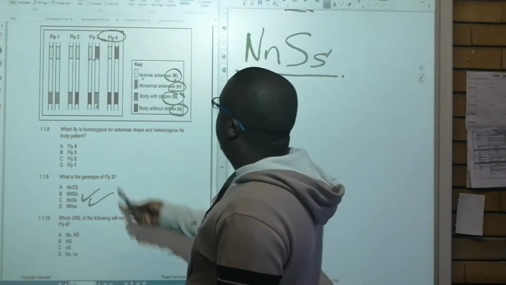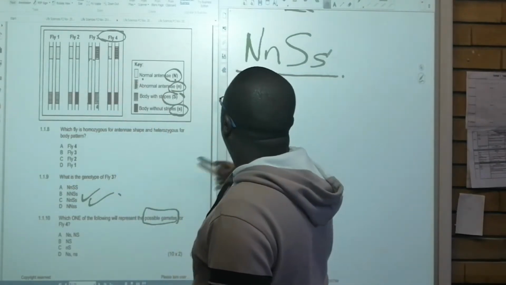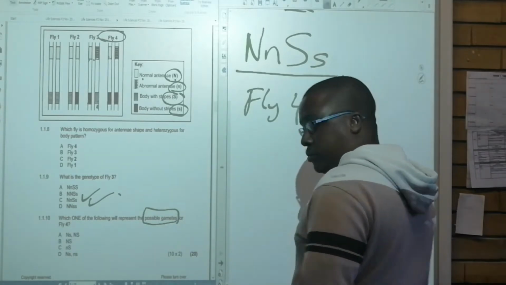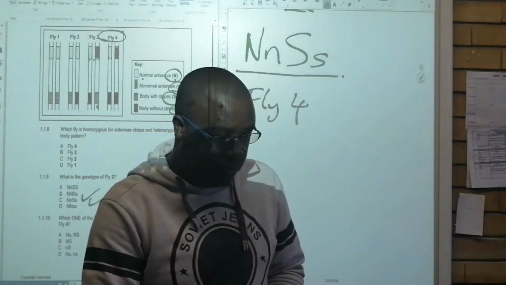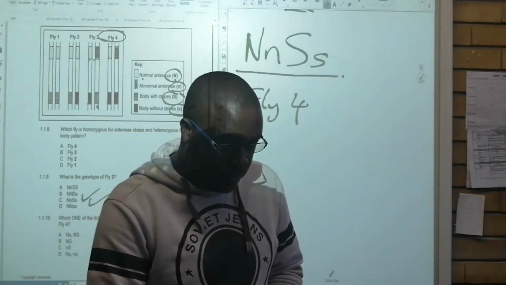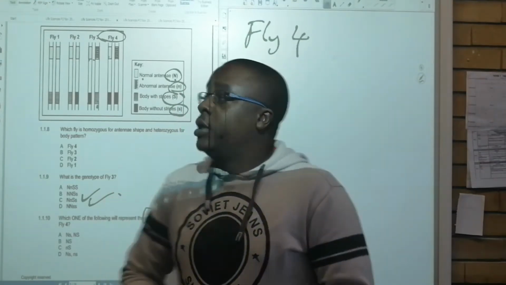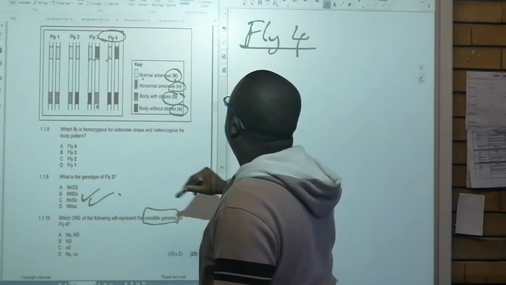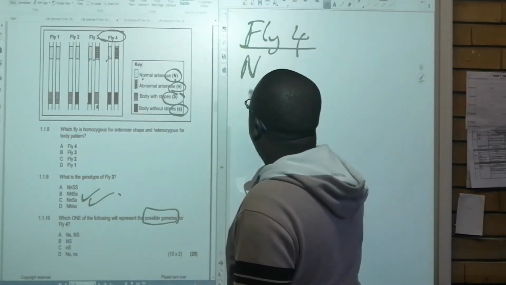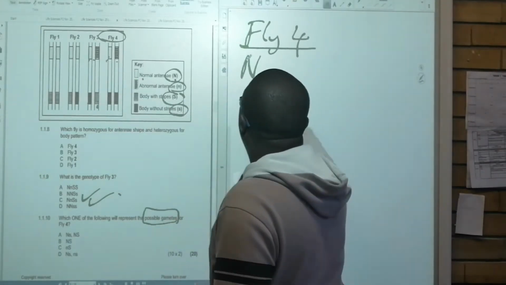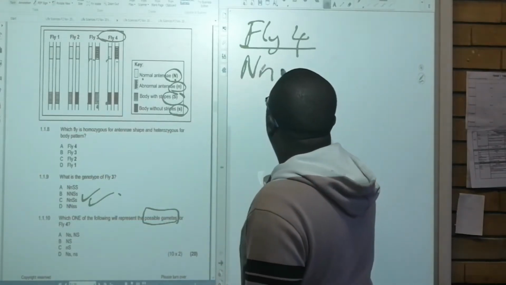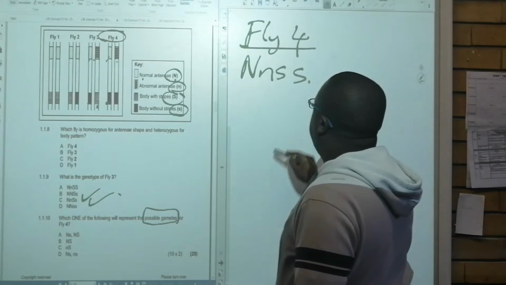Let's do the genotype. If I say fly 4, it has the dominant allele for normal antenna, and then it has the recessive, and then here it has the recessive body without stripes.